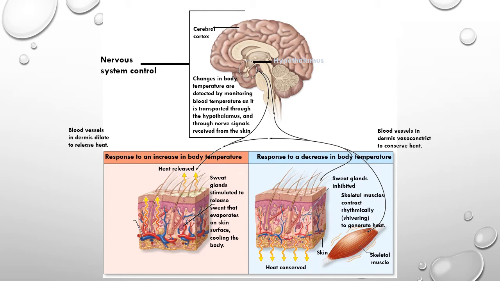So we're getting information from internal body temperature, deep places within the body, as well as the superficial areas of the body. And depending upon the temperature, if our body temperature is going up, we're going to bring more and more blood up to the surface of the body.